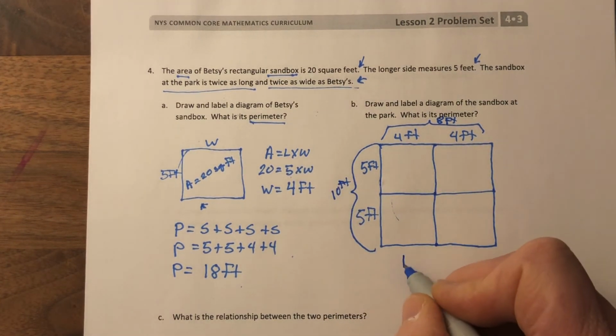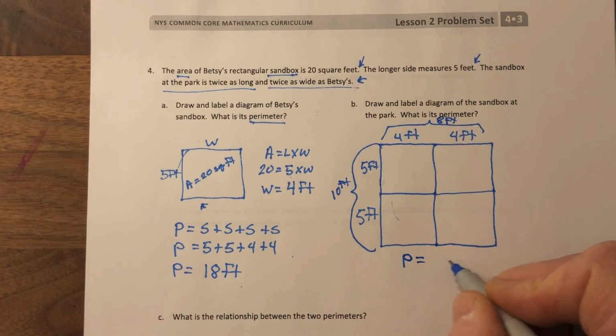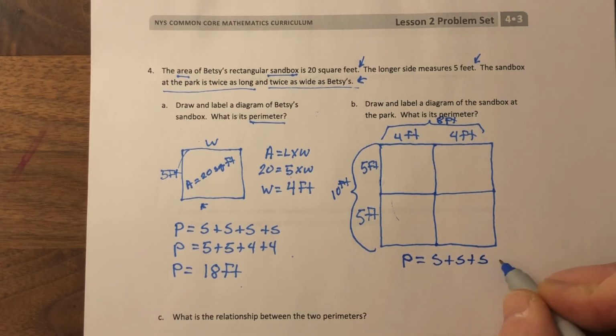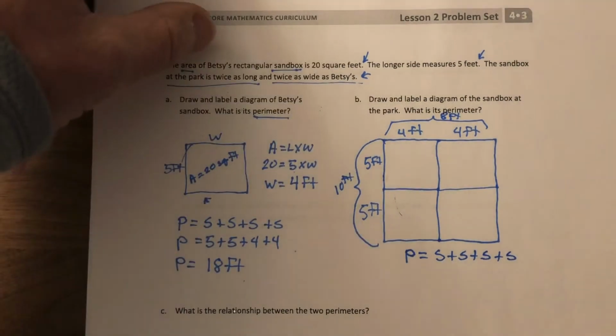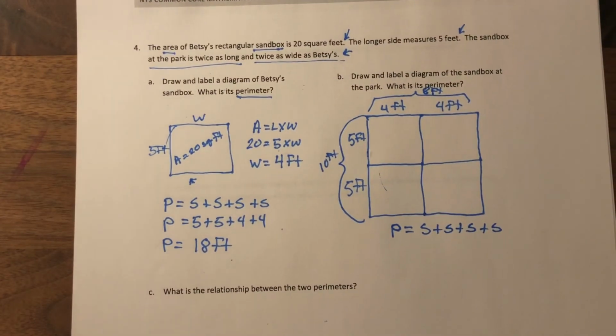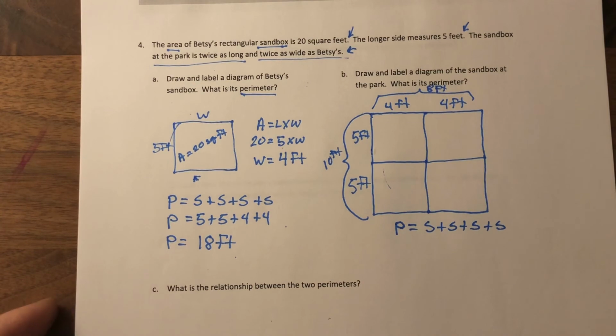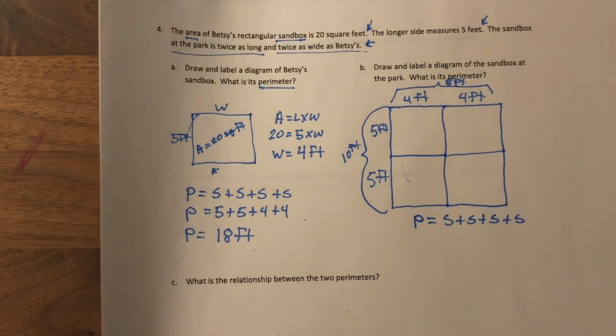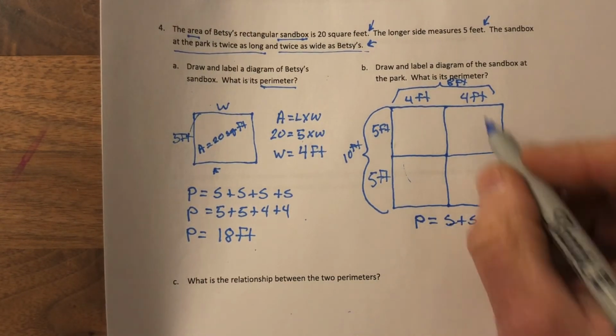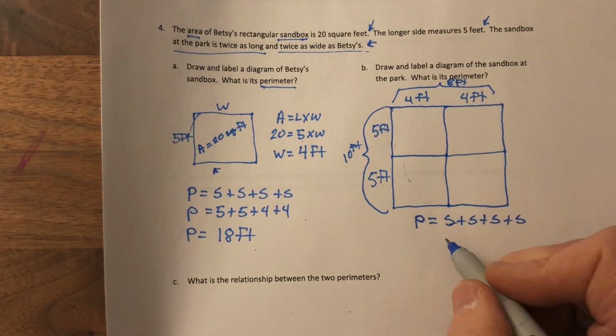So my perimeter, if I write it down here, equals side plus side plus side plus side. Kids, at any moment you need to pause and catch up or rewind and figure this out, be my guest. That's what it's here for. So I have to write down the length of my side. So I've got 8 feet.